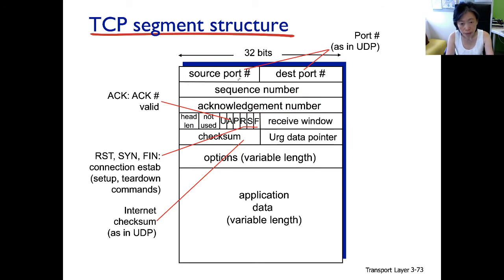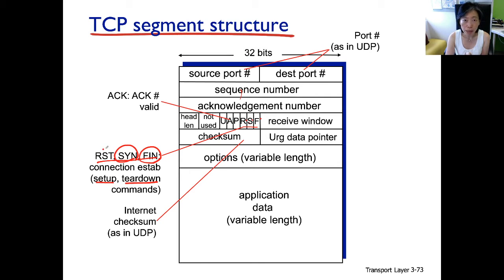And these three R, S, and F bits are there to indicate packets being used to do connection management. So for example, the SYN packet is to set up connections. The FIN packet, which is Latin for the end, conveniently, is to tear down a connection.